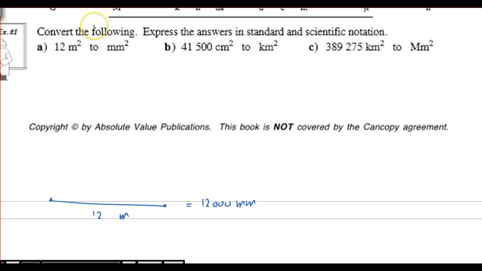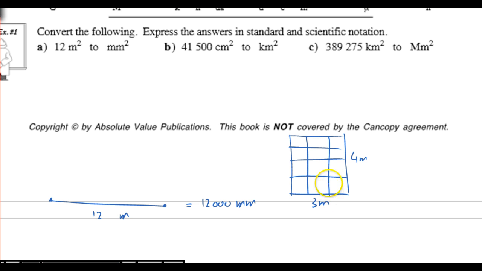However, when we're working in 2 dimensions, 12 meters squared looks something like this. It could be a rectangle that is 4 meters by 3 meters, and that's going to give you 12 square meters. If each one of these is 1 meter squared, there are 12 squares, so that's 12 square meters.